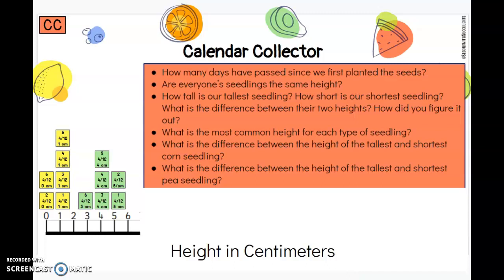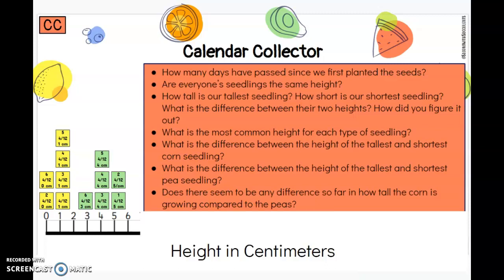What's the difference in the height? Now, if we look at our line plot, we can see 1 pea seedling is 3 centimeters and 2 pea seedlings are 5 centimeters. What's the difference between 3 and 5? Show a connection if you're thinking 2 centimeters. Good thinking.